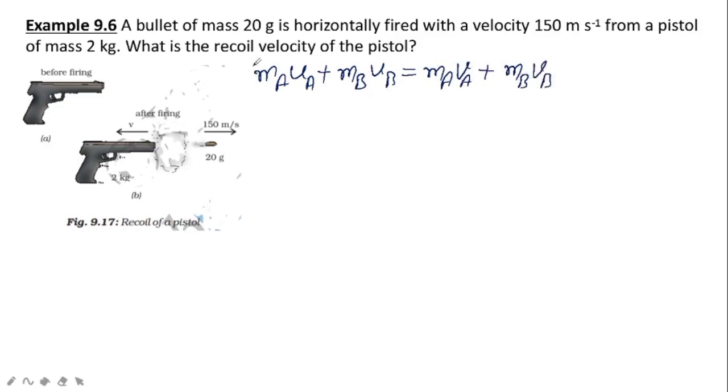That means the total sum of the momenta before collision is equal to the total sum of the momenta after collision, where there are no external forces acting on them, right? So now here we will use the same formula.